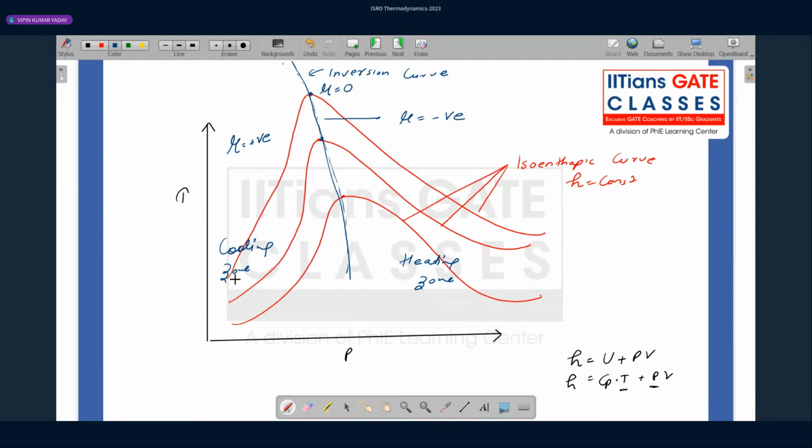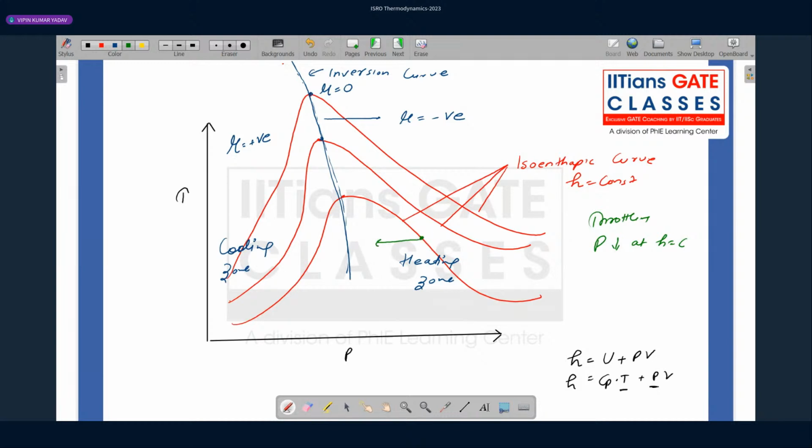Why it is called the heating region is that, for example, let's say you are here, and you throttle. What do you mean by throttling? Throttling means reducing pressure at constant enthalpy. So if you reduce pressure, you will go in this direction, but you have to go with constant enthalpy.